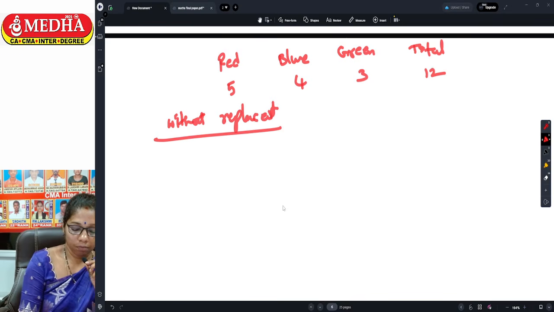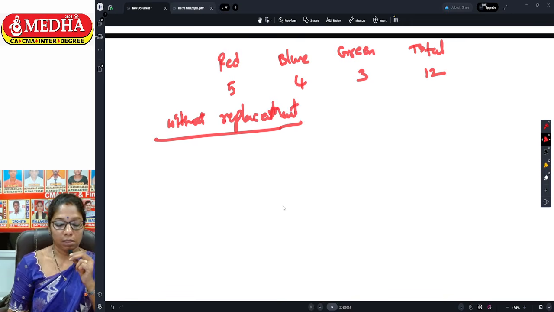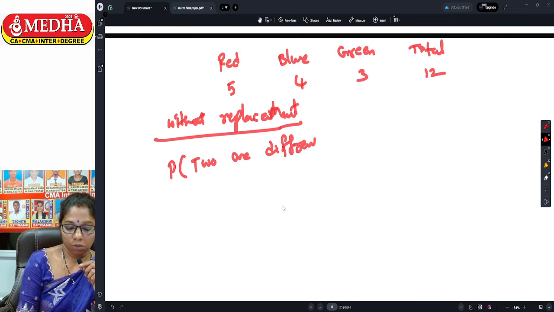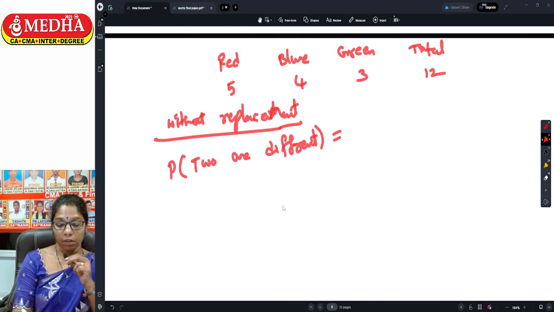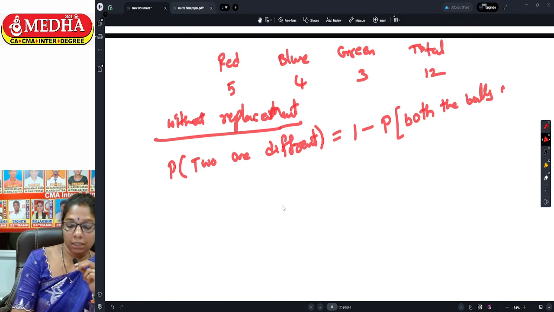So we have to select 2 balls one after another. That is, the probability of 2 balls being of different colors is equal to 1 minus the probability of both the balls being the same color.